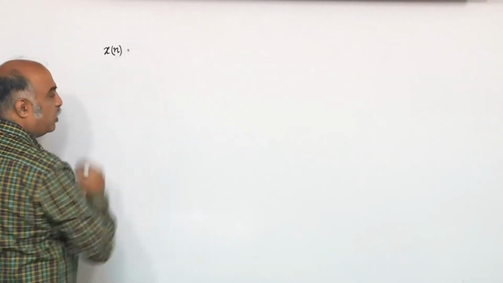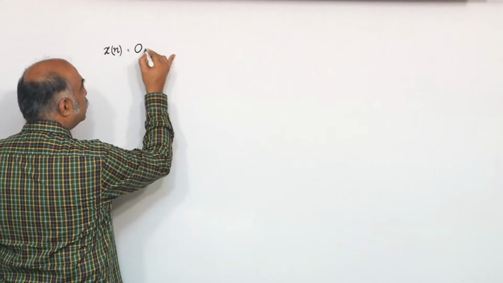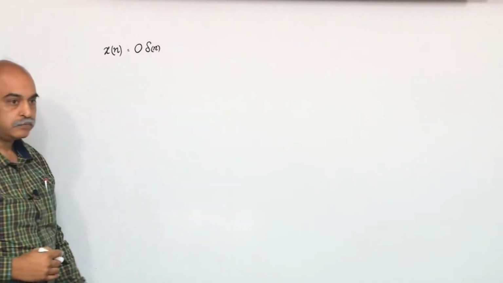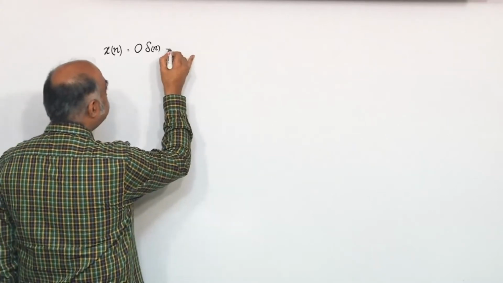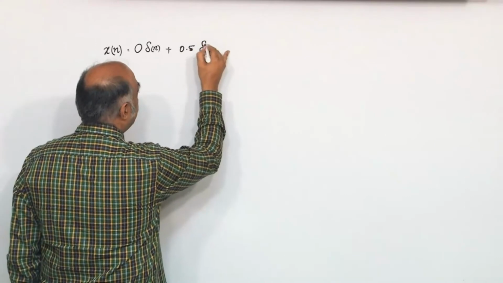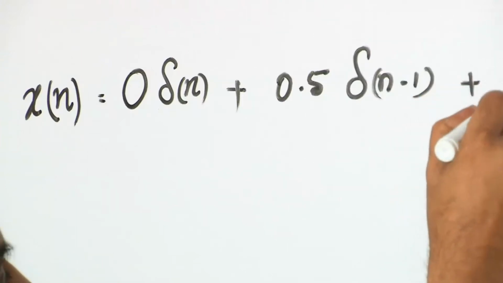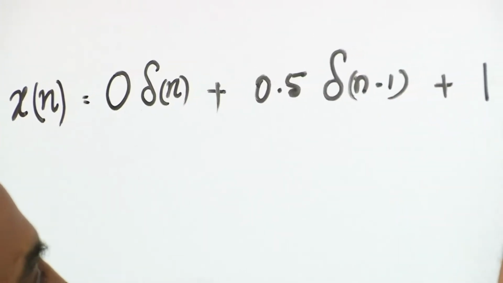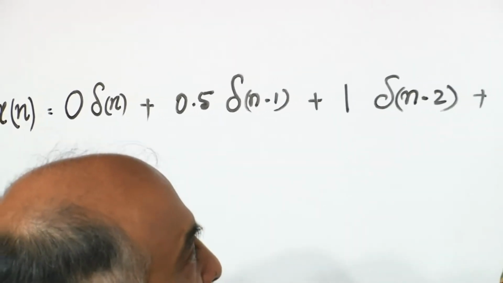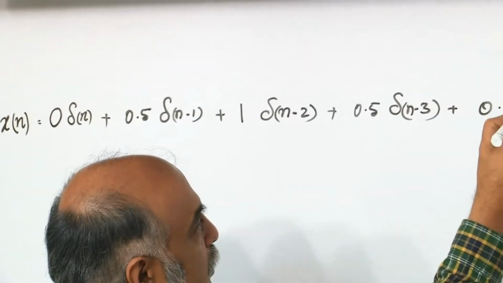If you look at the sample points, at 0T it is 0, delta, and it is 0.5 at 1T and so on. At 2T it is 1 and at 3T it is again 0.5 and 0 at 4T.